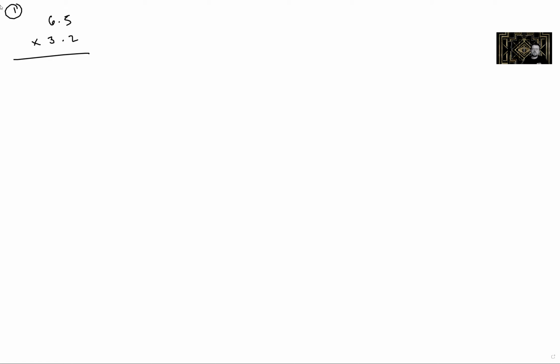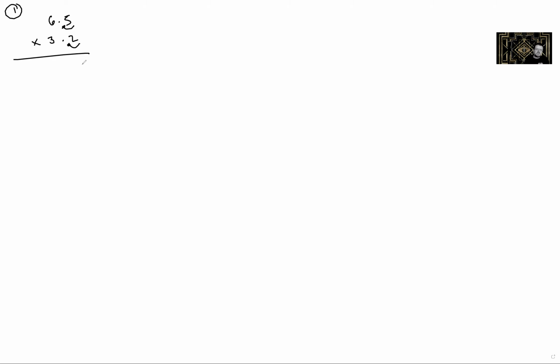When you're multiplying decimals, you multiply as normal, and then however many decimal places you have, that's how many decimal places your answer should have. Here I have 1, 2, so when I write my final answer, I'm going to move the decimal over twice. So multiply as though these were just 65 and 32, and then at the end, you'll put your decimal place in.